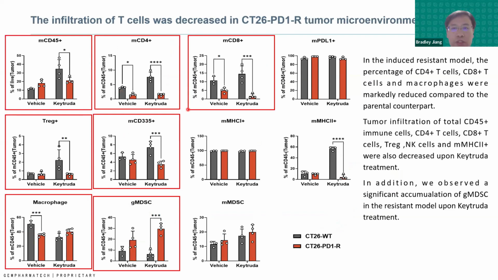The tumor infiltration of total CD45, CD4 T cells, CD8 T cells, Treg cells, NK cells, and MHC2 positive cells were also decreased upon Keytruda treatment. In addition, we observed a significant accumulation of GMDSCs in the resistant model after Keytruda treatment.